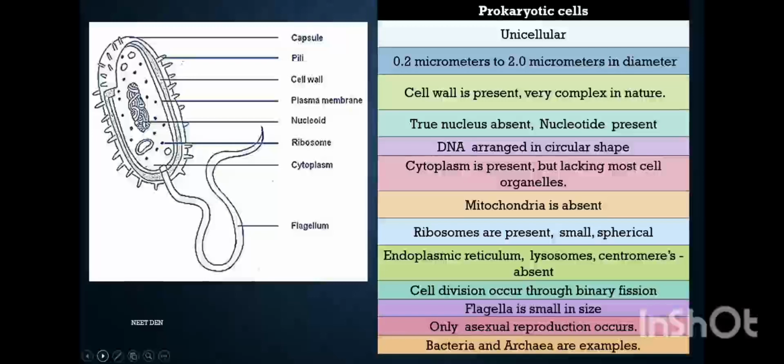The cytoplasm does not have any membrane bound organelles except for ribosomes. So there is no mitochondria, no Golgi apparatus, no lysosomes, and so on and so forth. Only ribosome is present. The cell wall of the prokaryotic cells is very complex in nature. And mostly the prokaryotic cells reproduce by asexual mode of reproduction.